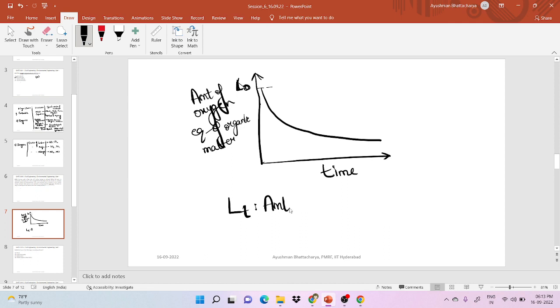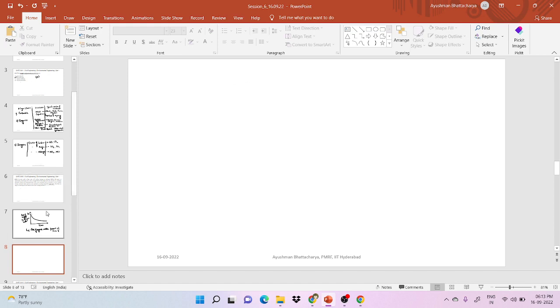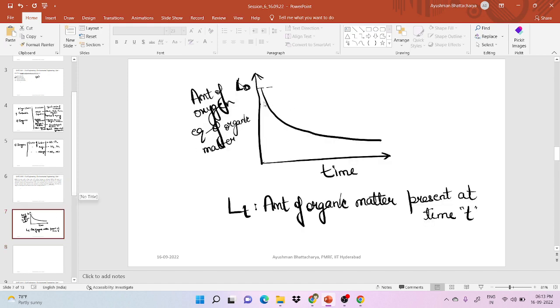Lt is the amount of organic matter present at time t. Knowing this, if I have to write this graph in terms of an equation, how will I write it? Obviously, dLt by dt is equal to minus K Lt.